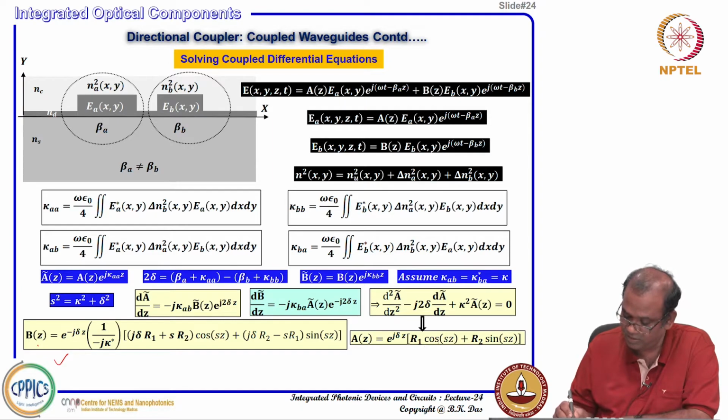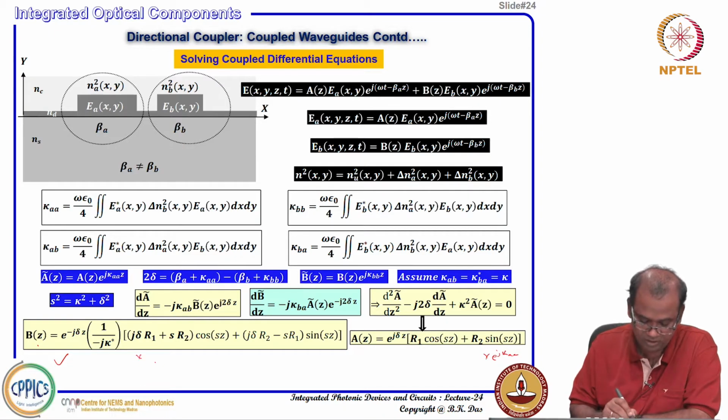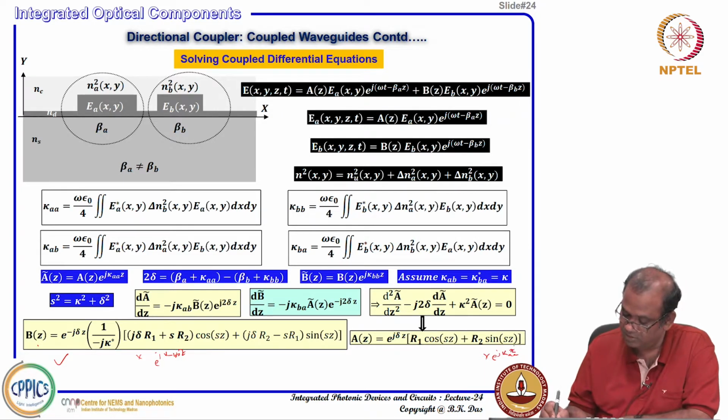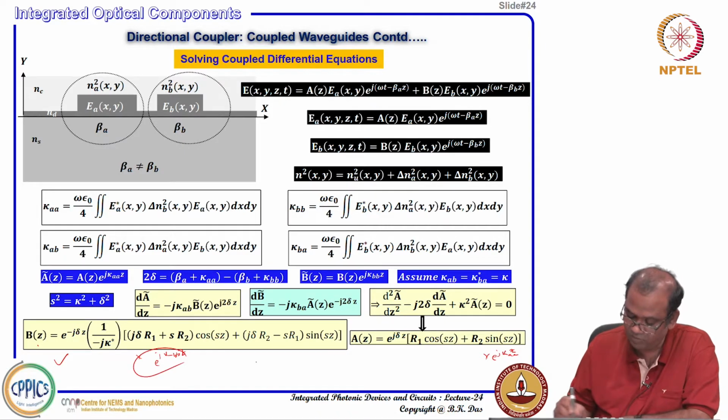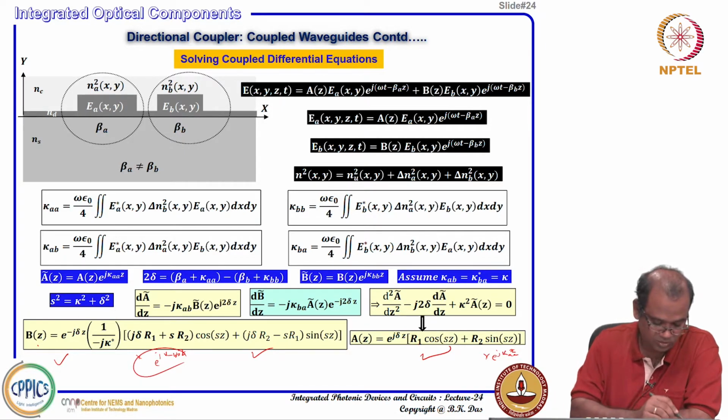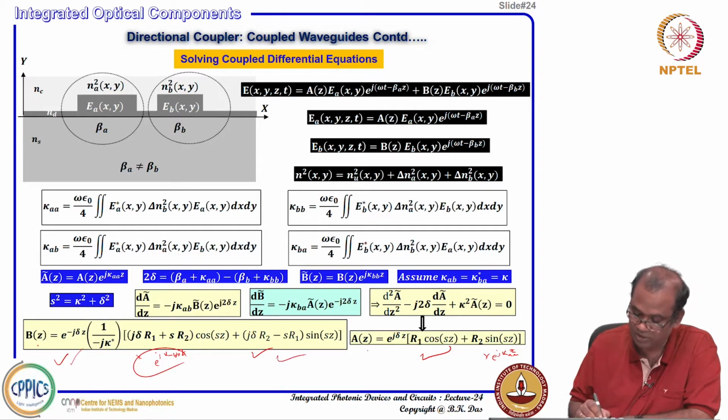Along with that, you are supposed to multiply e to the power j kappa a, and then you would be getting the tilde. Just factoring that one, you are getting these solutions here.